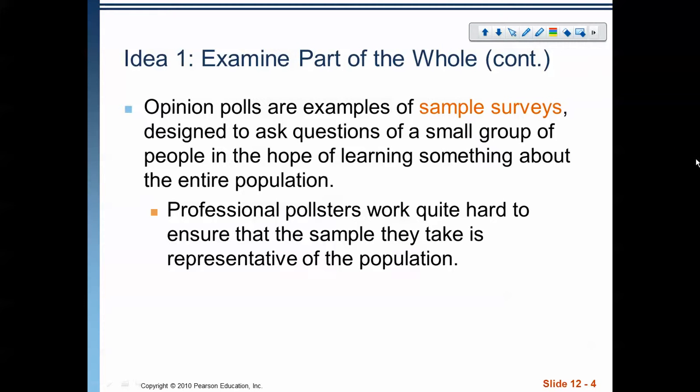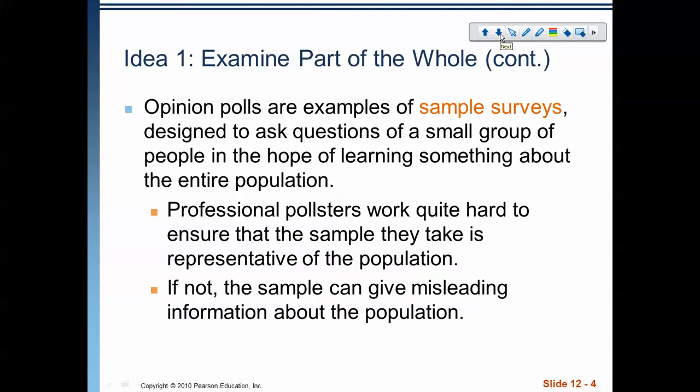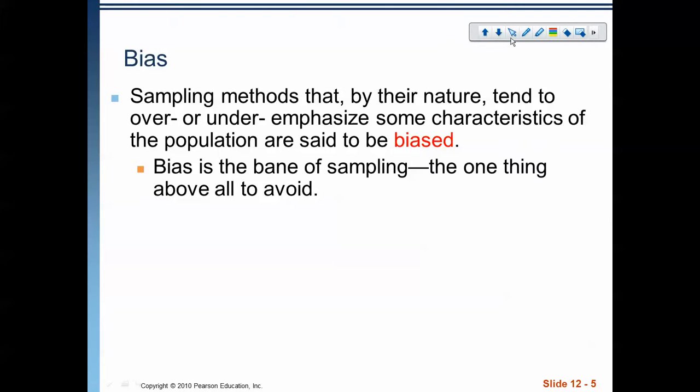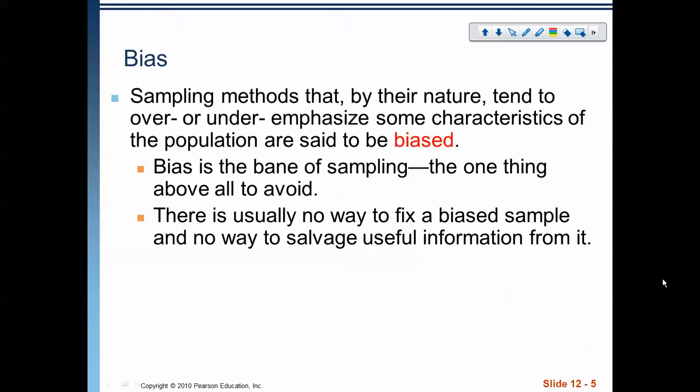Sample surveys are just where you ask questions of small groups. I don't want to spend a lot of time on that. Let's talk more about bias. If we over or underemphasize characteristics of a population, that sample is said to be biased. It is the one thing that you have to avoid when you're gathering data, because if data is biased, there is no way to fix it.